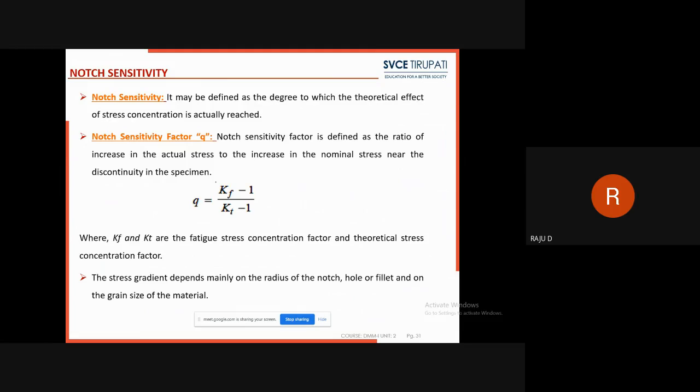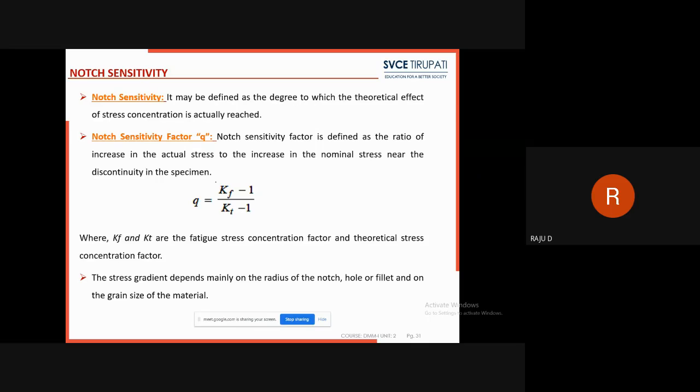Here the area keeps changing, so as design engineers we have to check whether, at the junction where the area changes, a radius or fillet is provided or not. Why? Because here the actual stress increases over the nominal stress, near the discontinuity in the given component. In that area we calculate the notch value, called the notch sensitivity value.